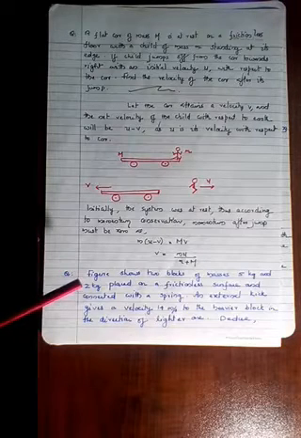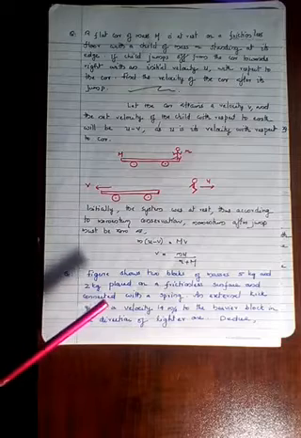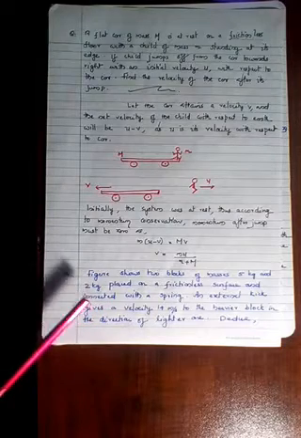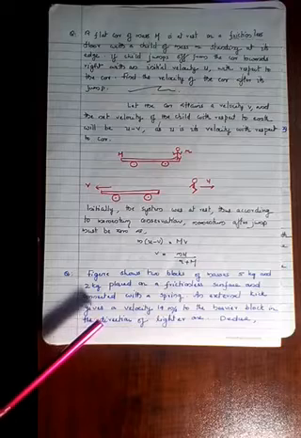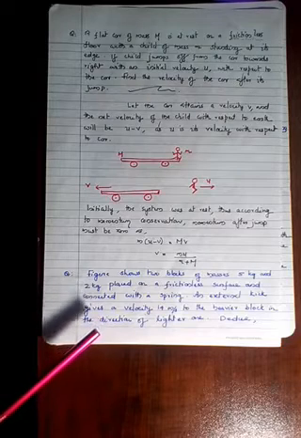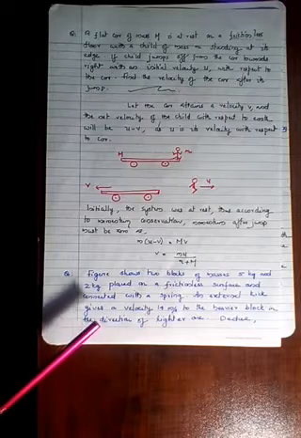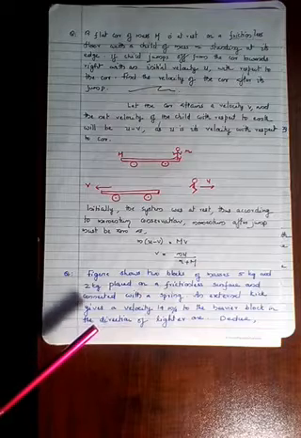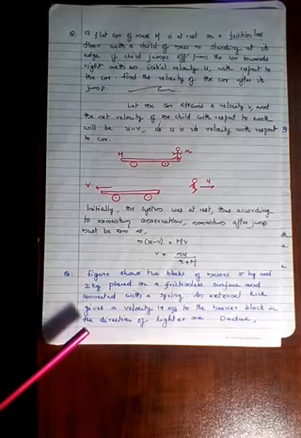Next question. The figure shows two blocks of masses 5 and 2 kg placed on a frictionless surface and connected with a spring. An external kick gives a velocity of 14 meters per second to the heavier block in the direction of the lighter one.